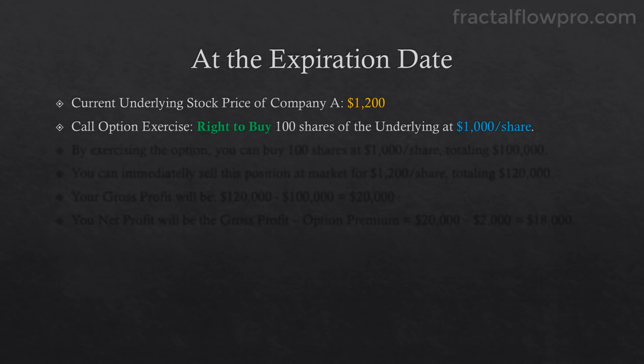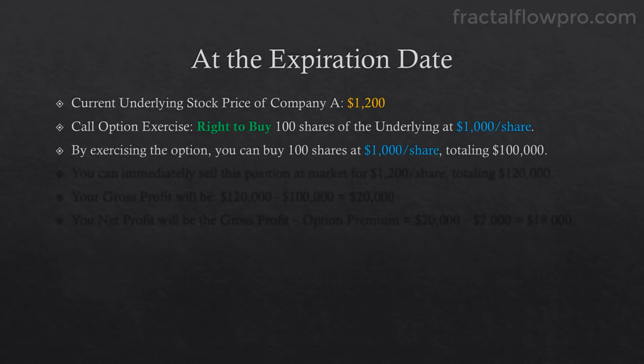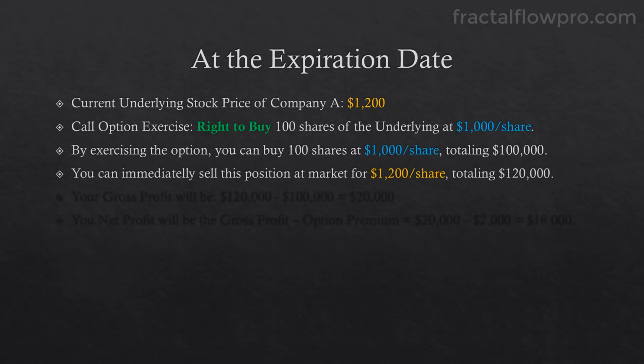That means you can exercise the option contract and buy 100 shares of the underlying stock at $1,000, totaling a $100,000 position, and immediately sell these 100 shares at the current market price of $1,200, totaling a $120,000 position.